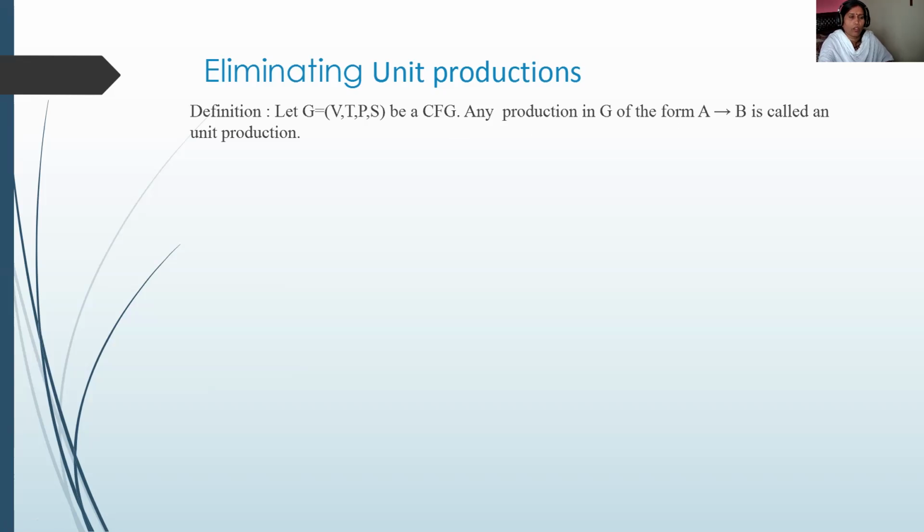To arrive at the Chomsky normal form, there should not be any unit productions, there should not be any epsilon productions, there should not be any useless symbols. As we know, how is the Chomsky normal form? The Chomsky normal form is A → BC or A → a. That is, a variable producing two variables or a variable producing a single terminal.